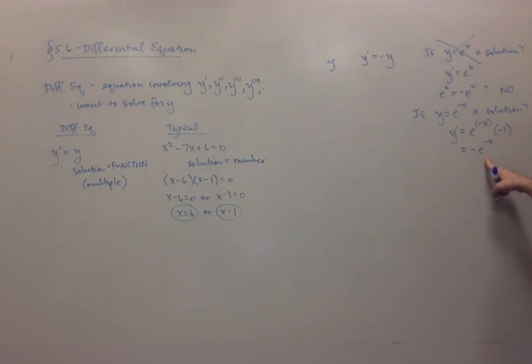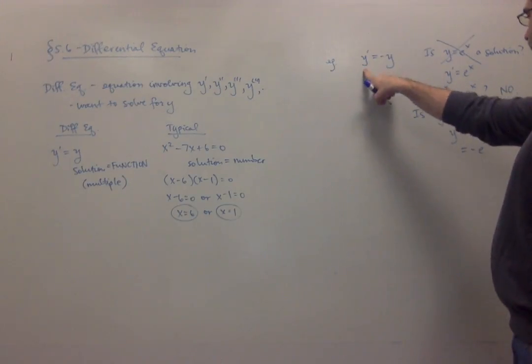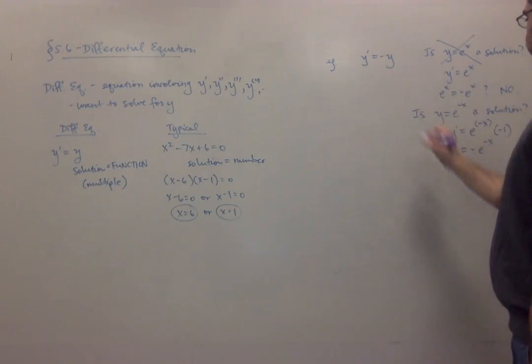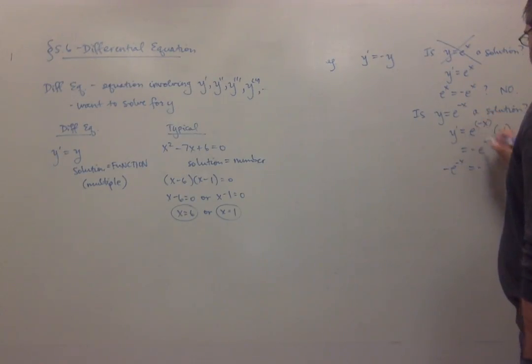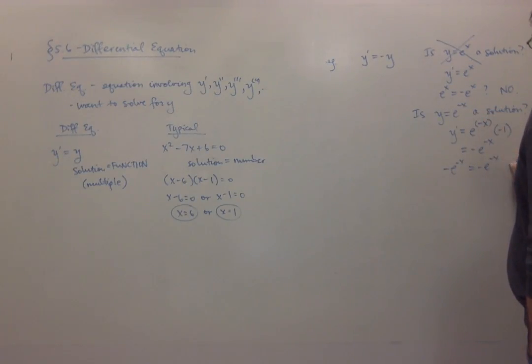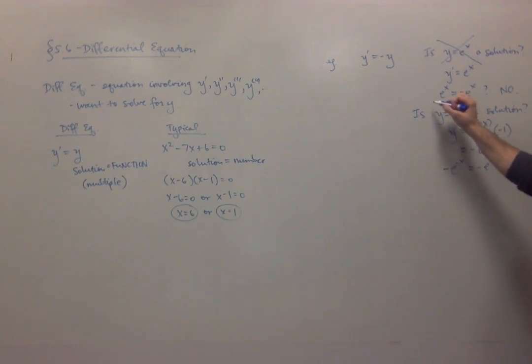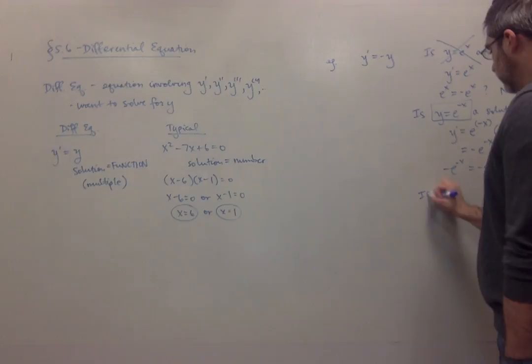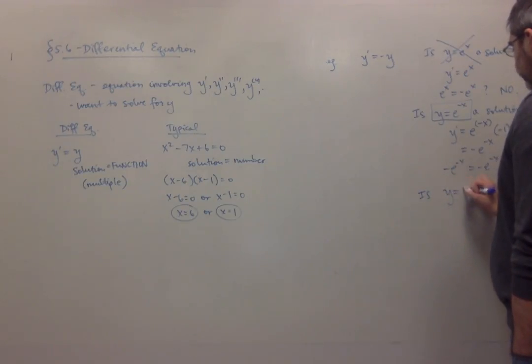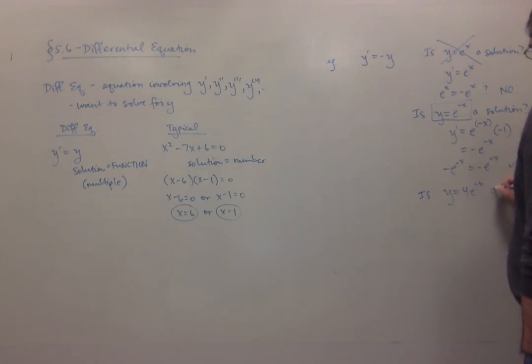And now you should see that if I plug this in, negative e to the negative x actually equals the negative of the original function. So this is a solution. Let's try another one. Is y equals 4e to the negative x a solution?